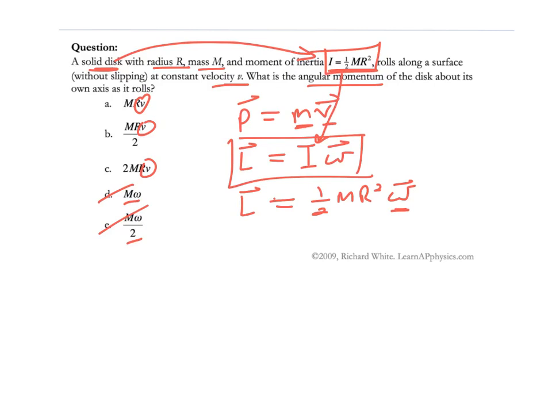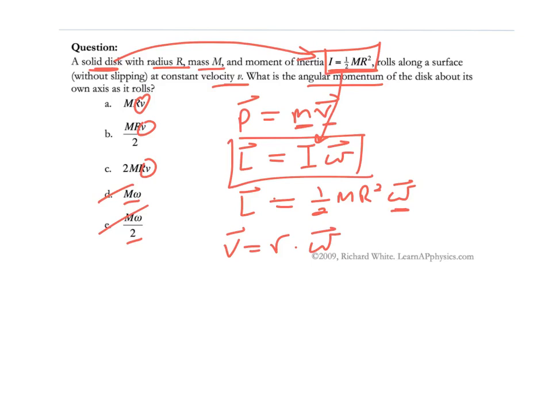Well, this is where we have to go back in the Wayback Machine. If you remember before we went on break, we were talking about the relationship between linear measurements and angular measurements. The relationship between linear velocity and angular velocity is this one.